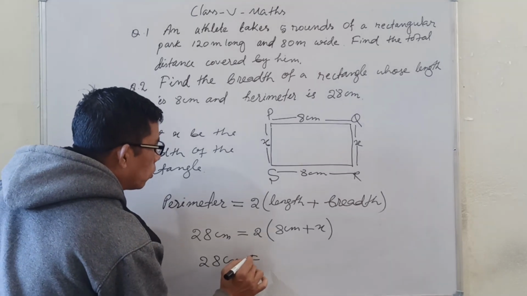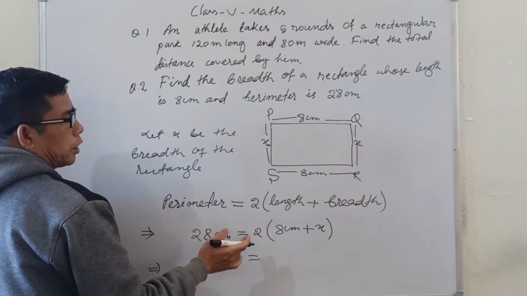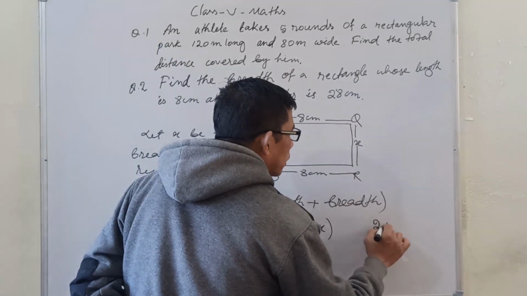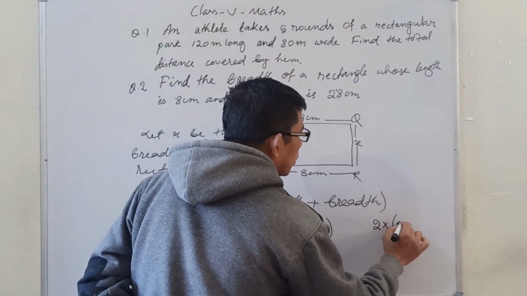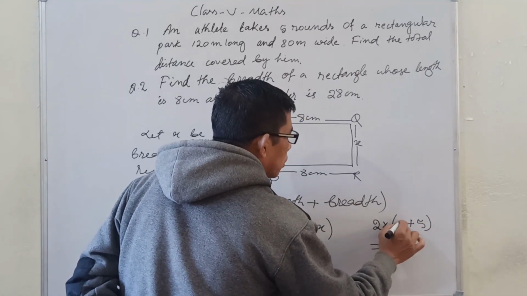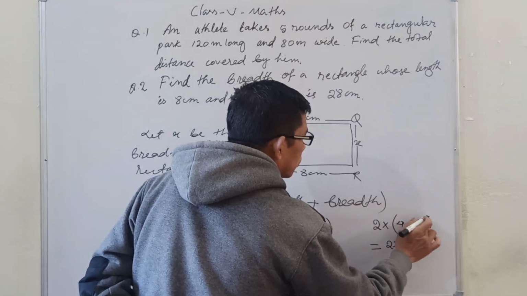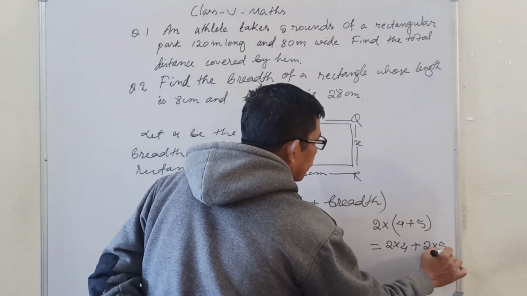According to the BODMAS rule, we have to operate the bracket first. So we can use the distributive property. If an expression is given like this, what we do is 2 into 4 plus 2 into 5.